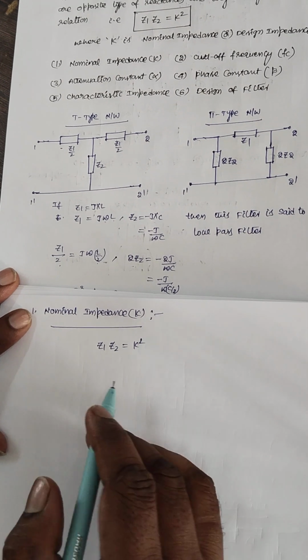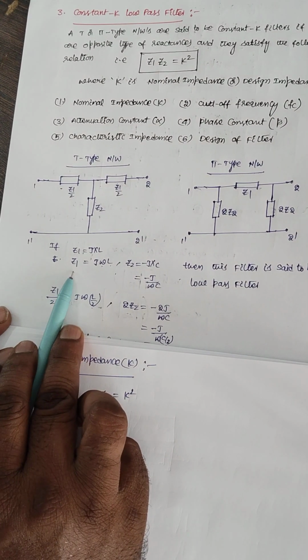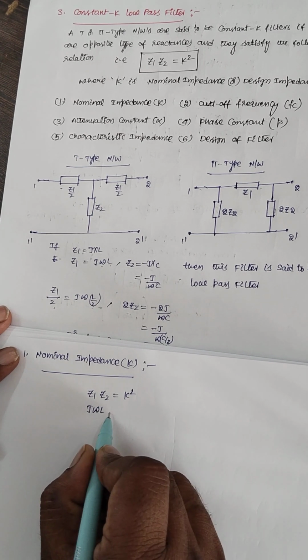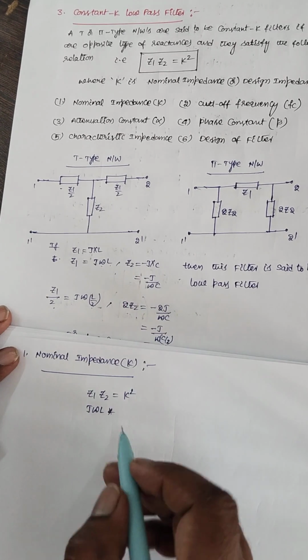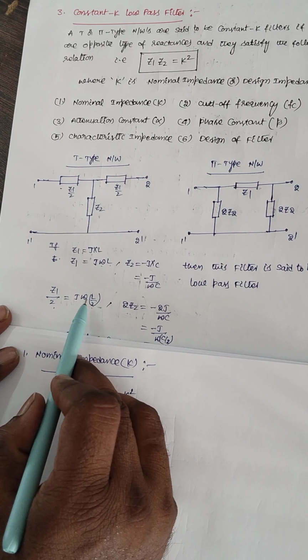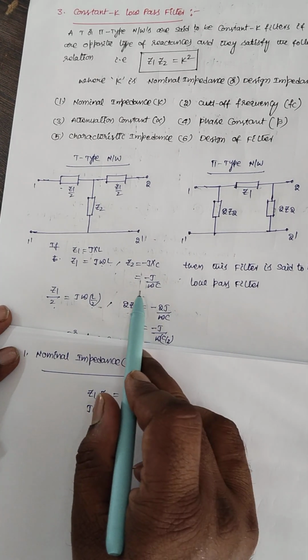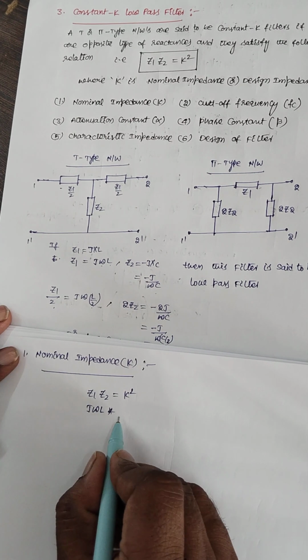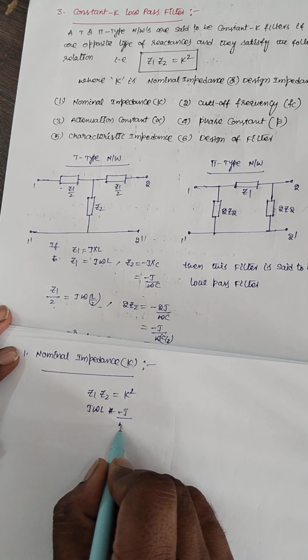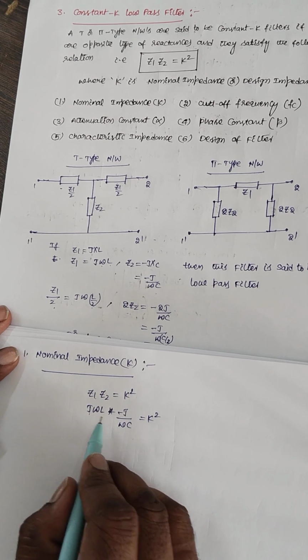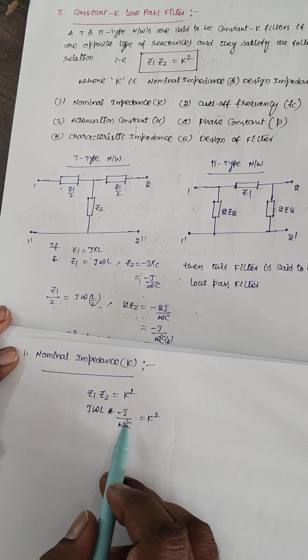So what is Z1? Just now we wrote that Z1 is equal to J omega L. And what is this Z2 here? It is minus J by omega C, that is equal to K square. This J into J is nothing but J square, that is minus 1.